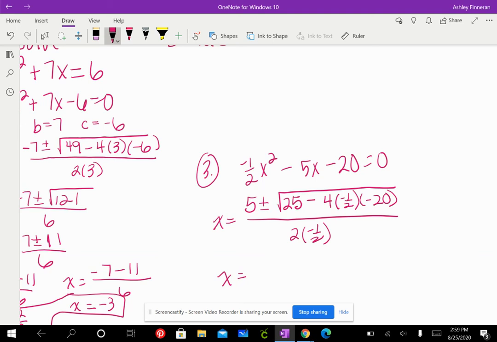Well, let's do -4 times -1/2 is 2 times -20 is -40. 25 minus 40, -15. And I hope you're noticing something very quickly. You cannot take the square root of a negative number. And what that tells us is that there are no real solutions.